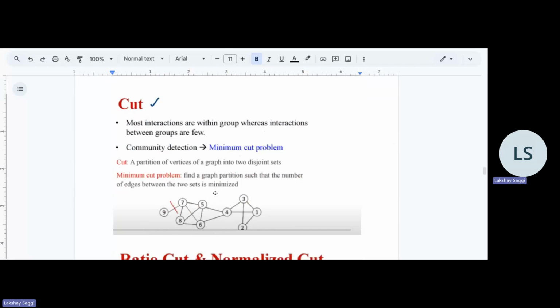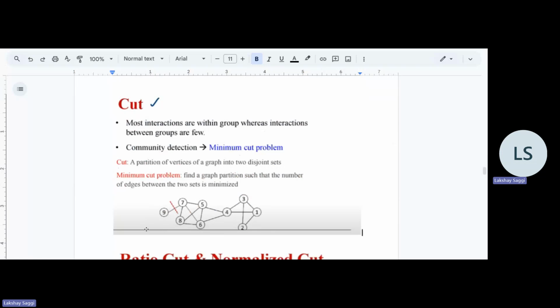I have no mathematical foundations for saying this, but this distribution looks more like a community than this one. So maybe minimum cut is not really that good of an idea.